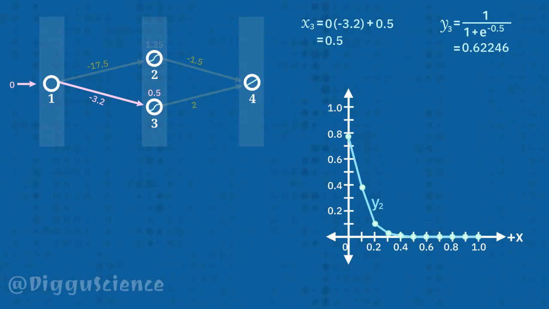To make visualization easier, we can plot this value into two-dimensional Cartesian coordinates. These are the coordinates of the first point, 0, 0.62246.